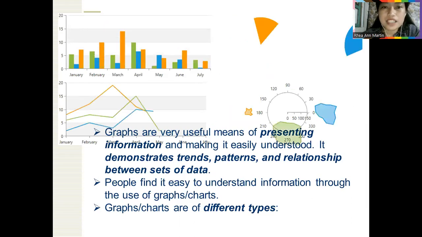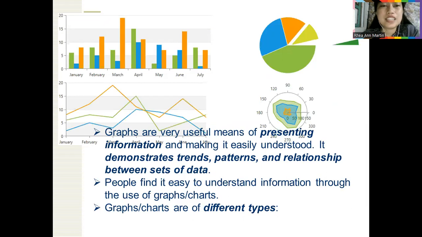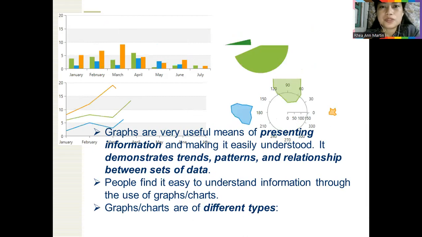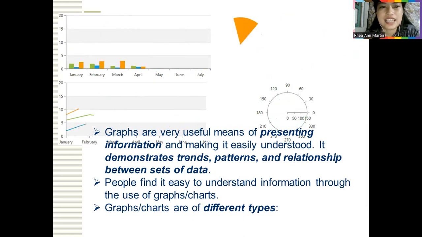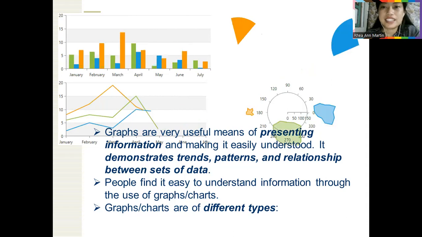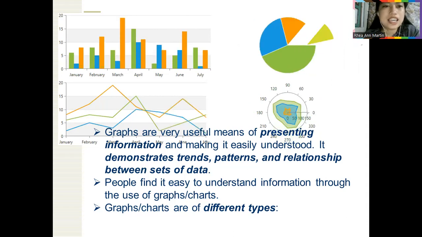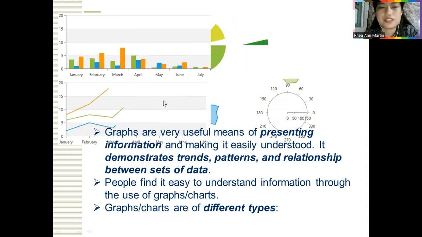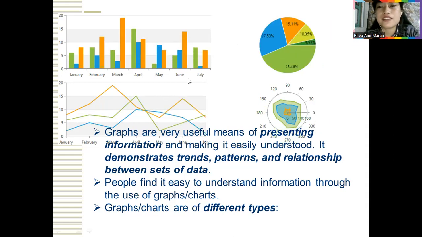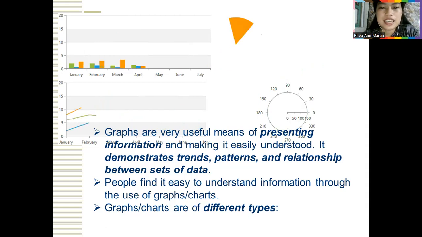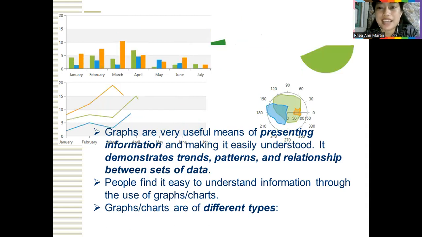So let's proceed to the topic. We're going to learn more about graphing motion and what graphing motion is. There are a lot of types of graphs, and we all know that graphs are very useful means of presenting information and making it easily understood.